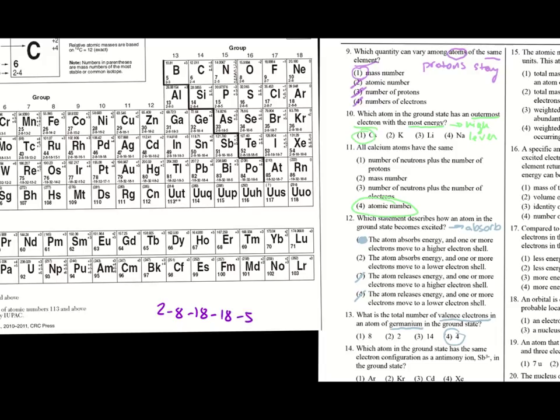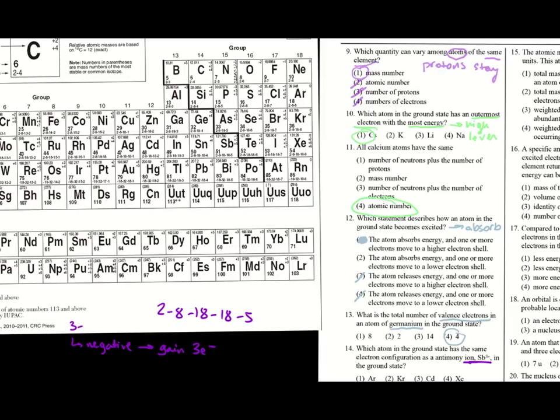However, it's talking about the ion Sb3-. For 3-, you have a negative charge. So this means negative ion, more electrons. So that means we gain 3 electrons.